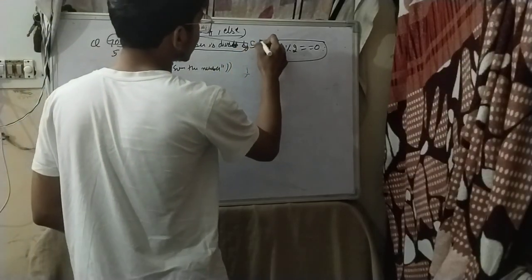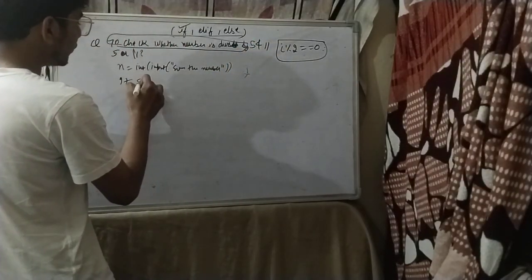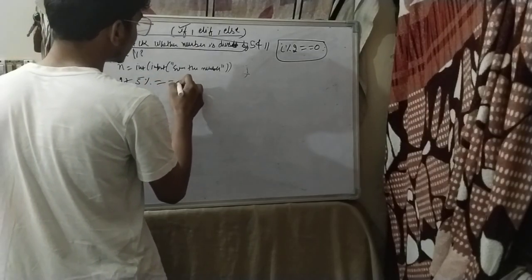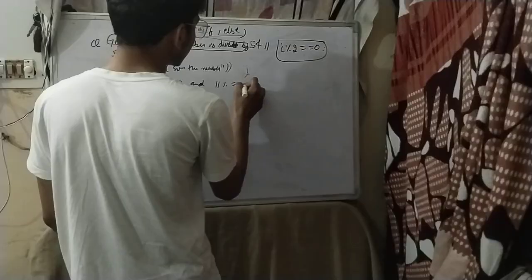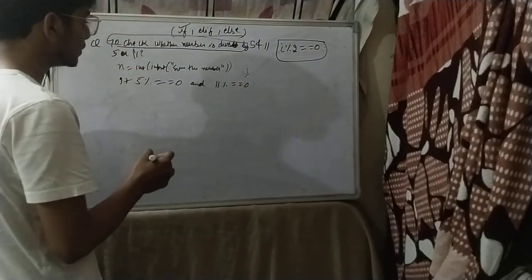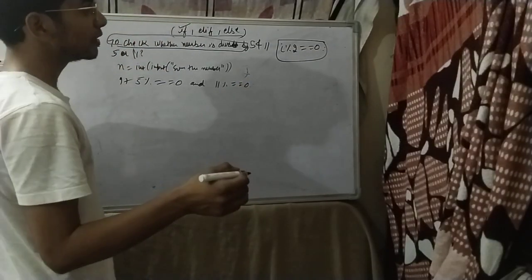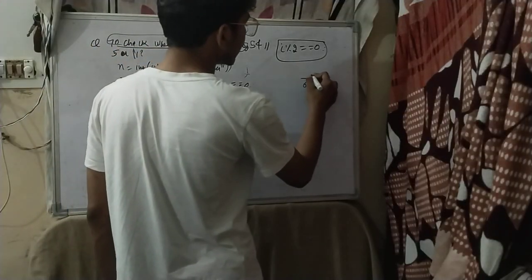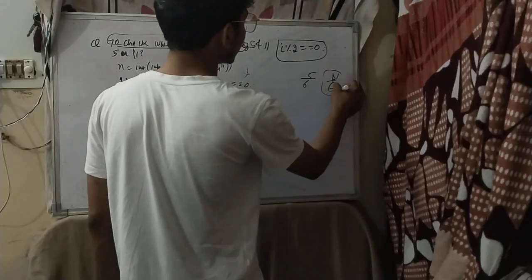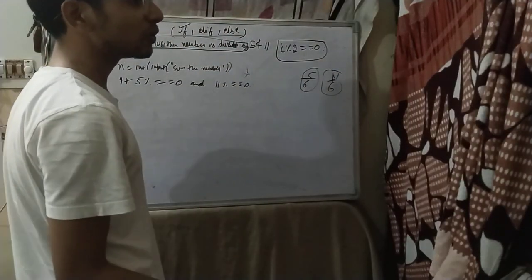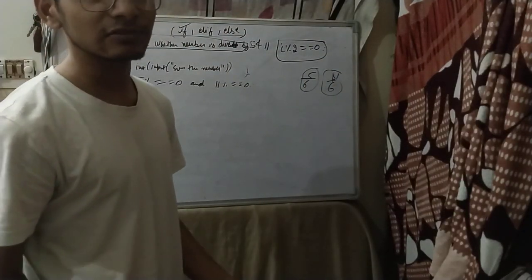So n percent 5 equals 0 and n percent 11 equals 0, because you are going to check whether the number is divisible by 5 or not, and whether it is divisible by 11 or not. If it is divisible, then output will show it is divisible, otherwise it is not divisible.